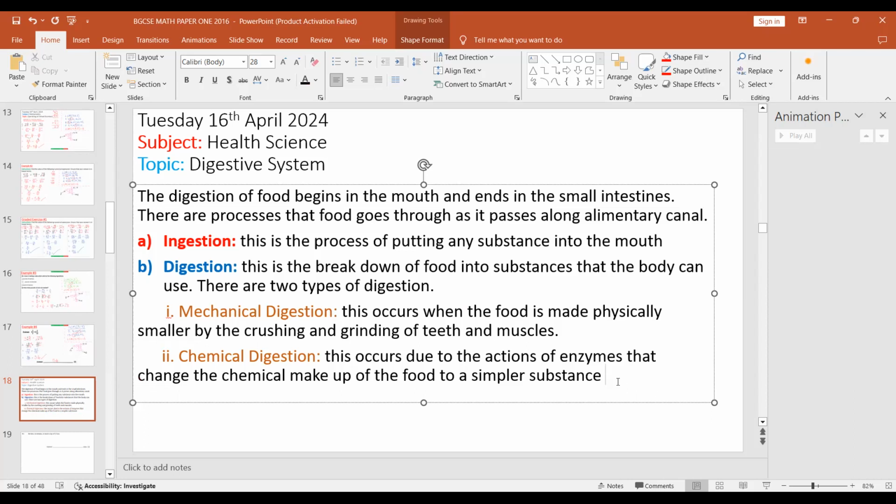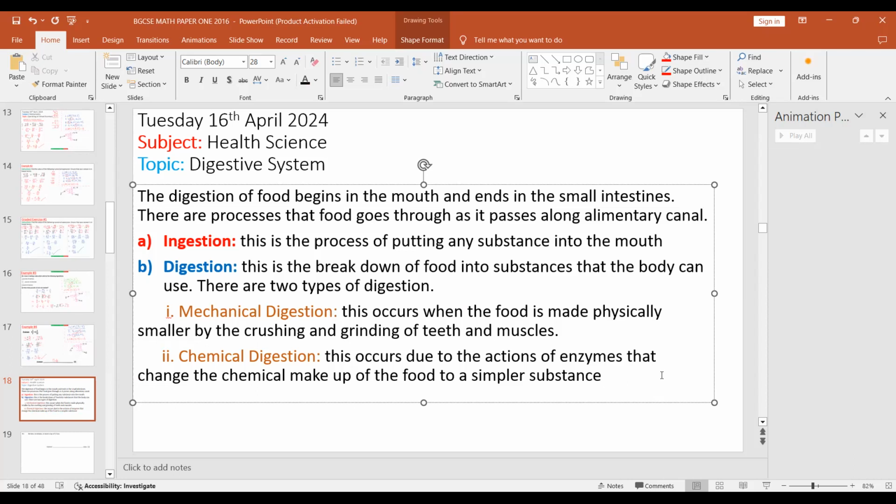And Ricardo, what is meant by the term ingestion? The process of putting any substance into your mouth. Very good.